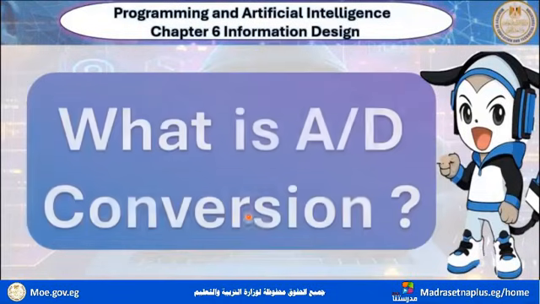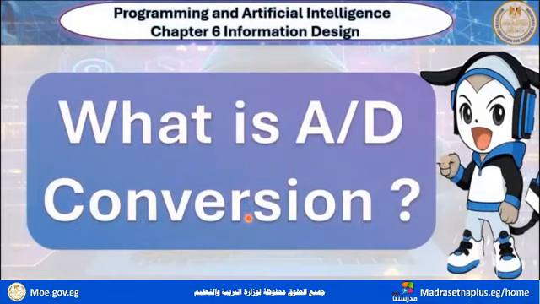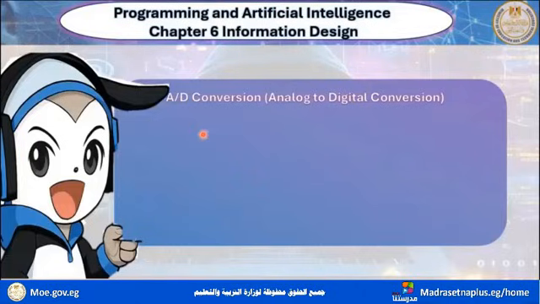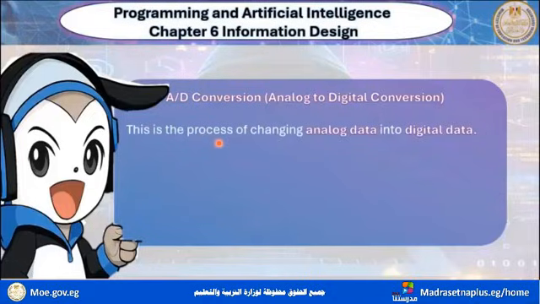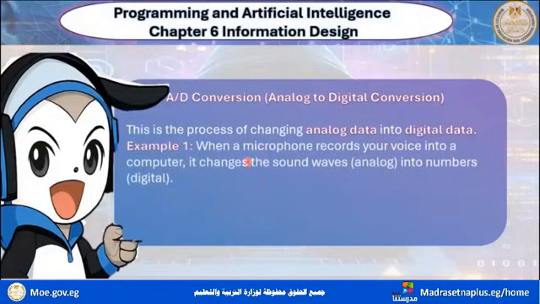Now, what's A to D conversion? A to D conversion, or analog to digital conversion, is the process of changing analog data into digital data. Check the example we brought.